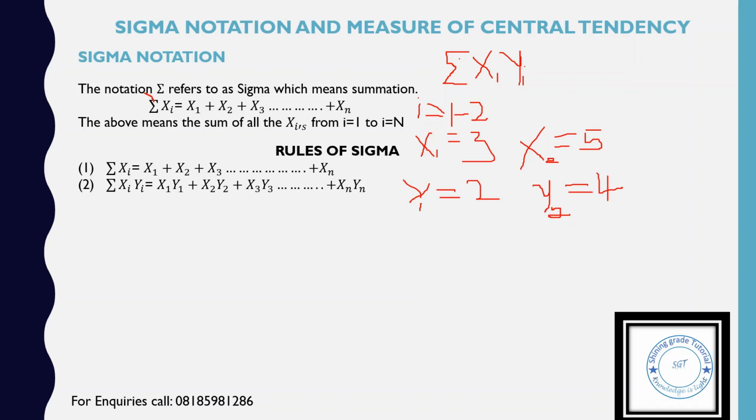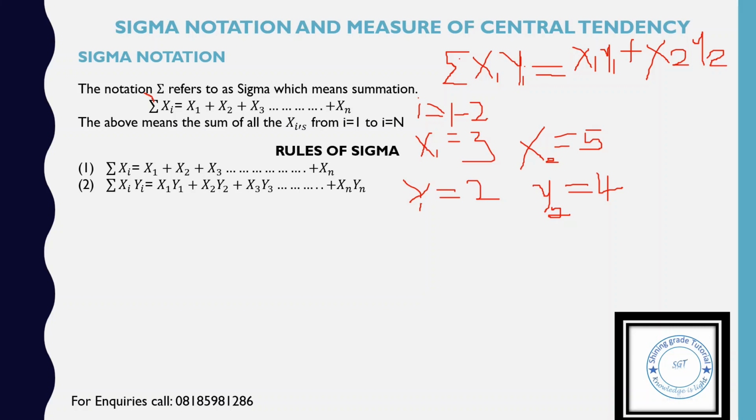So we can have that equal to x1 y1, plus x2 multiplied by y2.